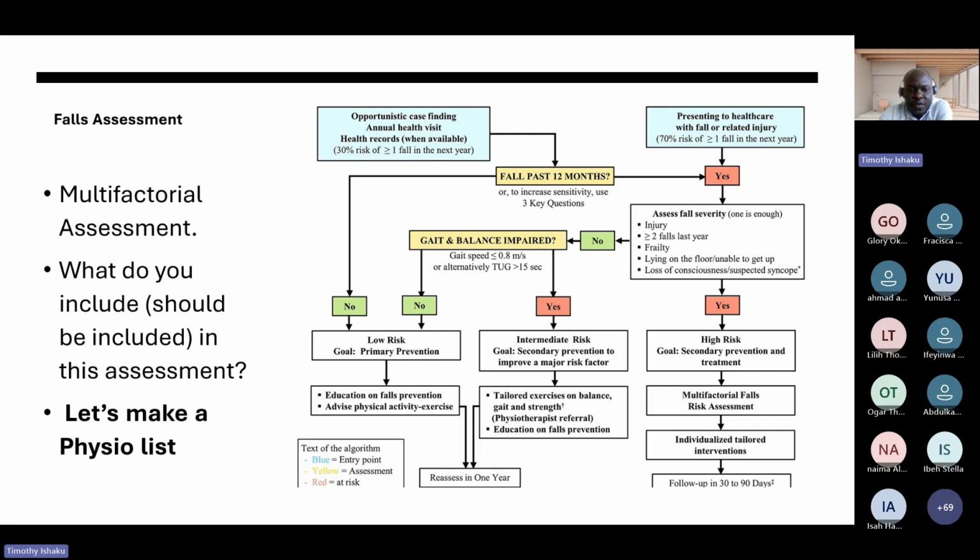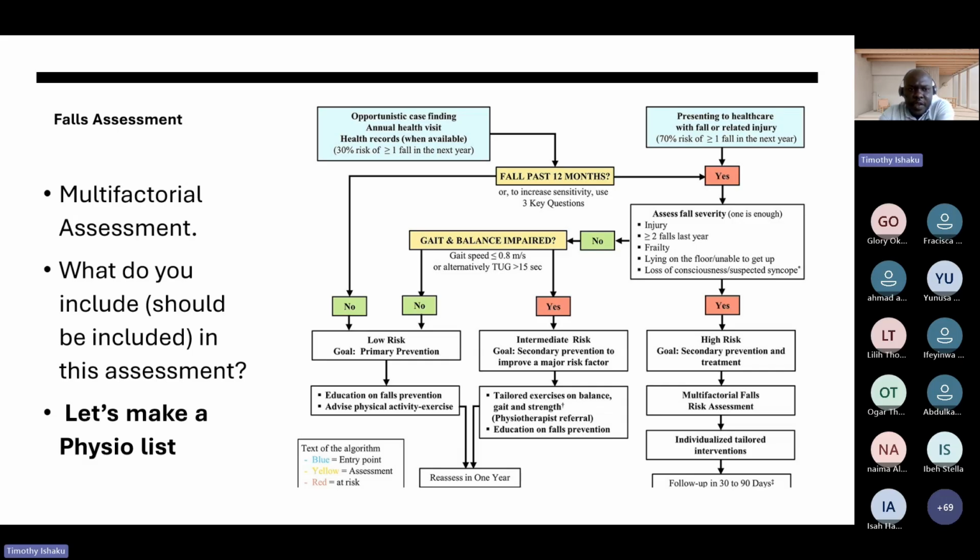That's falls prevention, so before it happens, primary or secondary anyway. So we can refer them, or in our context back home in Nigeria, we can encourage them to be active, to take an evening walk or to move around. And I will skip the last part for the intervention.